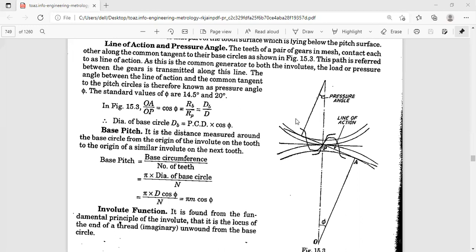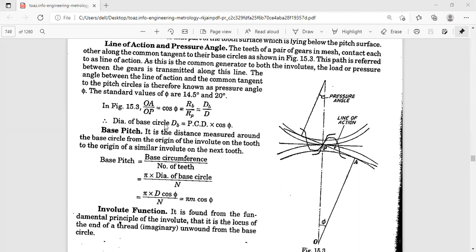So just see in this particular figure 15.3: OA by OP is cos phi. OA is the adjacent side, and OP is the hypotenuse. Be careful, because you have to know the concept of trigonometry also. Opposite by hypotenuse is sine, and everything related to sine, cos, tan, cot.